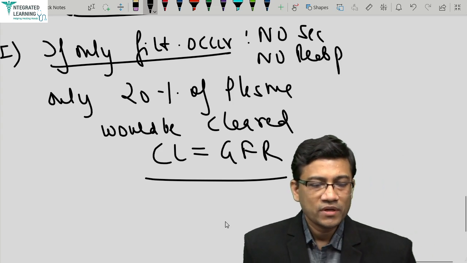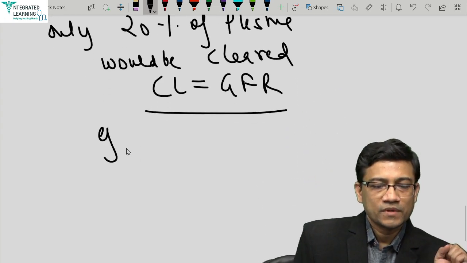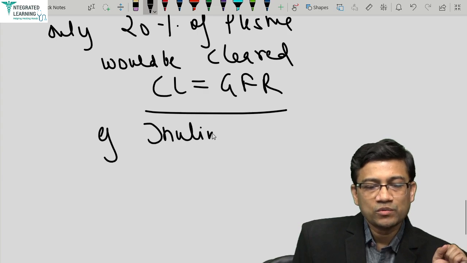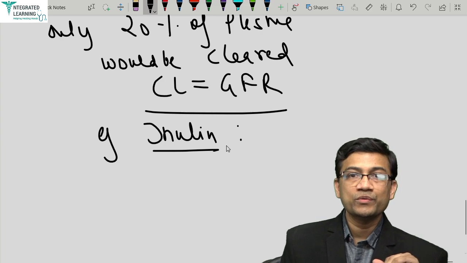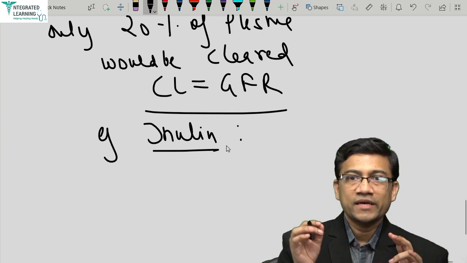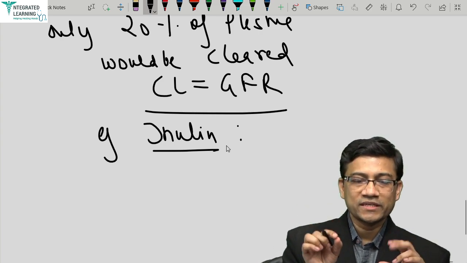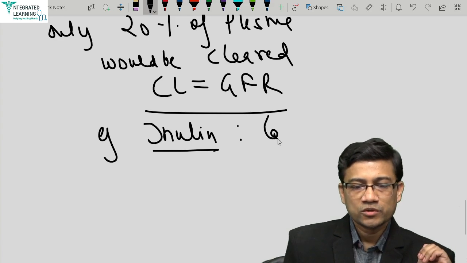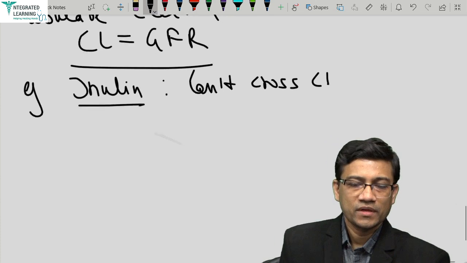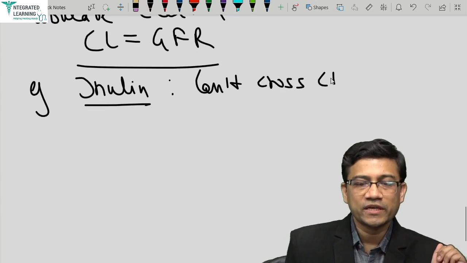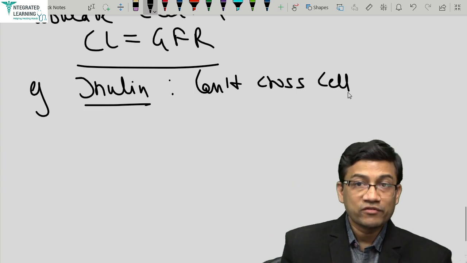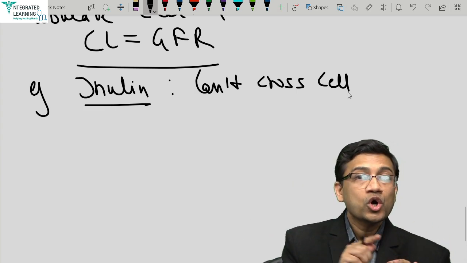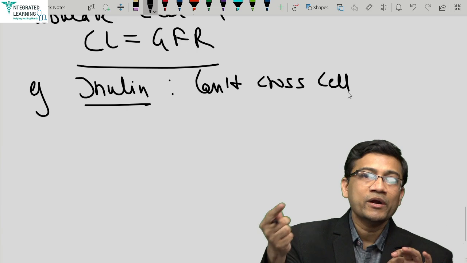Clear? Example, inulin. Now, why so? If you remember the topic of body fluid estimation, I told you, since inulin is water soluble and big in size, it cannot cross the cell membrane. Something which cannot cross the cell membrane will neither enter the cell nor leave the cell, and for secretion or reabsorption you have to cross the cell membrane to enter or leave the blood.